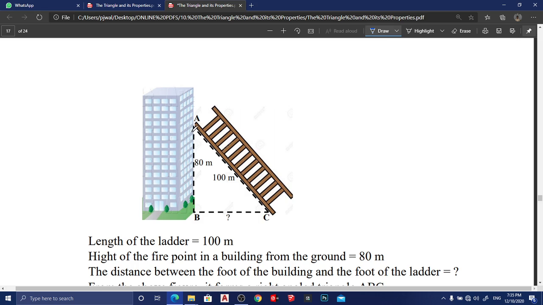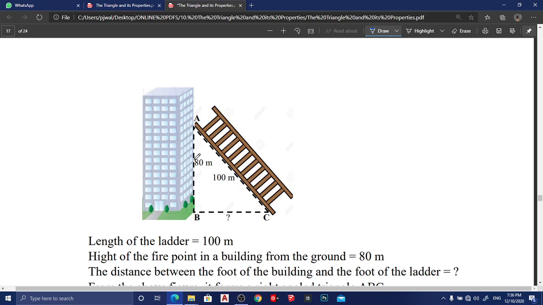This is the height of the building up to where the fire has caught, and this is the ladder. The length of the ladder is given as 100 meters. The height of the building up to the fire is 80 meters, and he is asking for the distance between the foot of this building and the foot of this ladder.